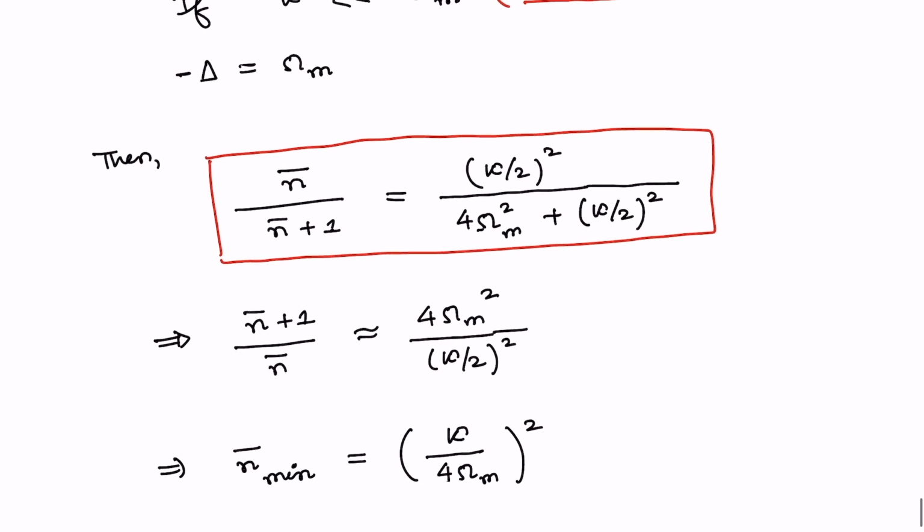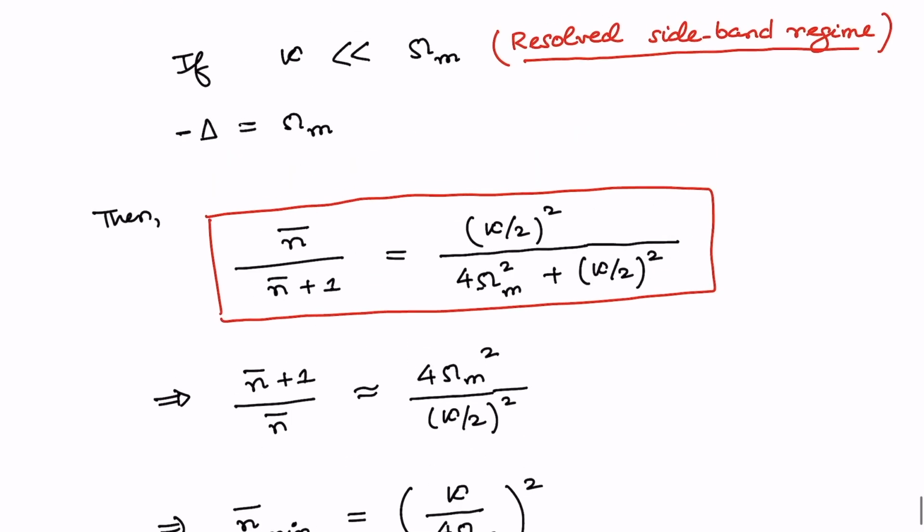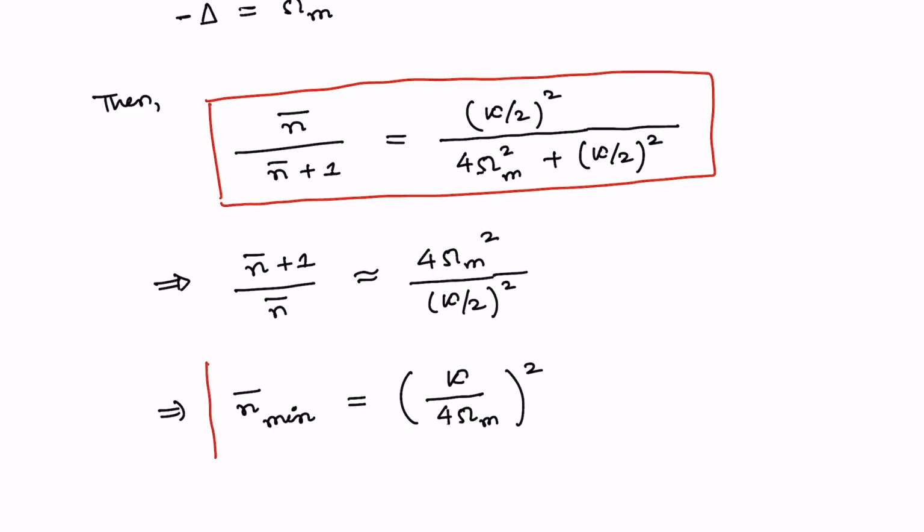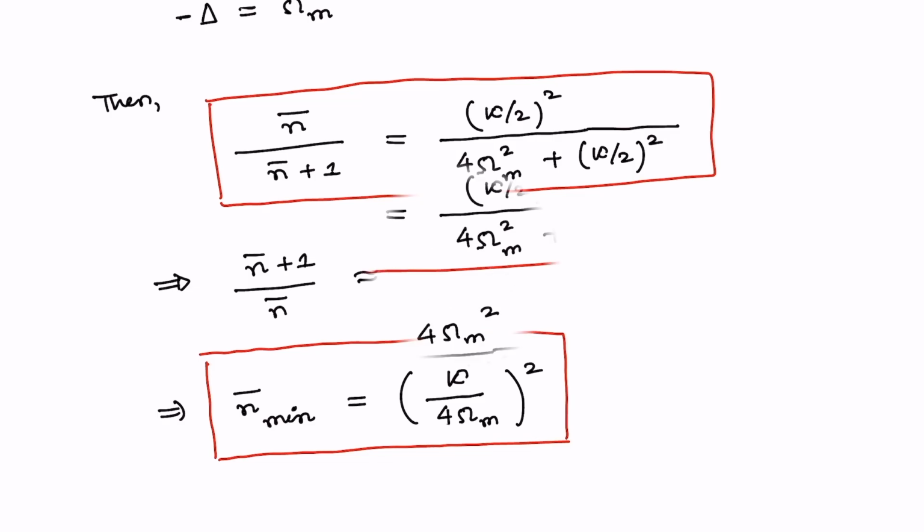From here, because kappa is much less than omega m, you can eventually obtain the minimum number of phonons one can obtain considering all these quantum mechanical restrictions. This is the ultimate phonon number you can obtain in the resolved sideband regime.